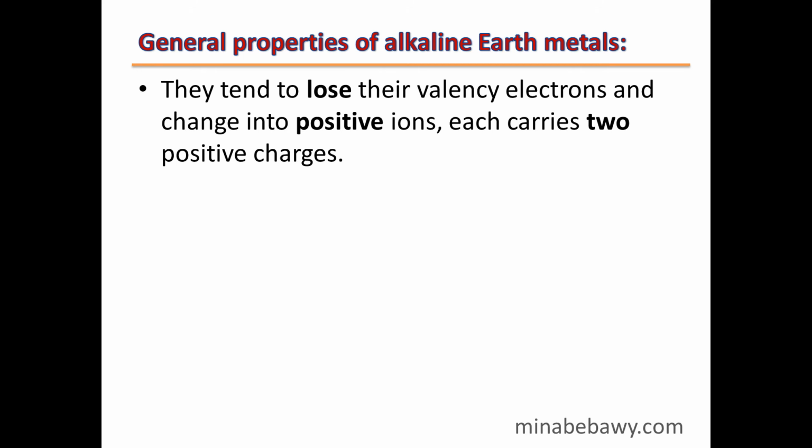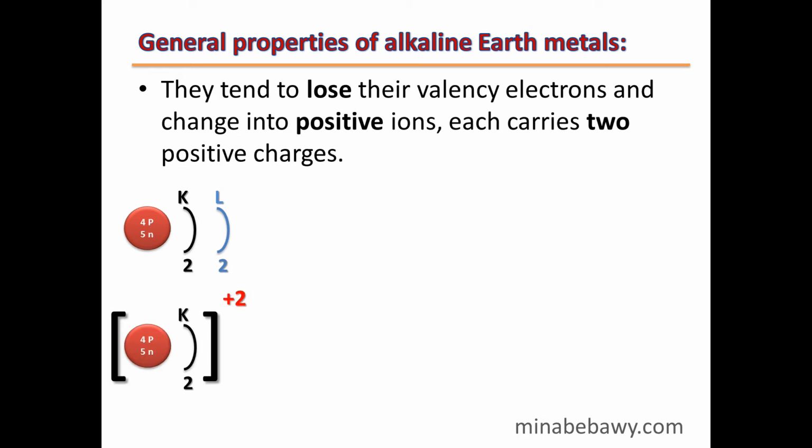The fourth property is they tend to lose their valency electrons and change into positive ions. Each carries 2 positive charges. Beryllium atom, during chemical reaction, will lose 2 electrons and change into beryllium ion, which carries 2 positive charges.